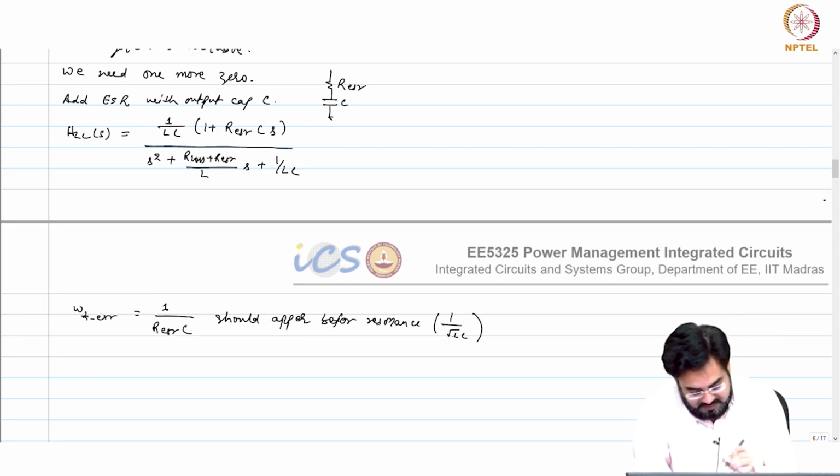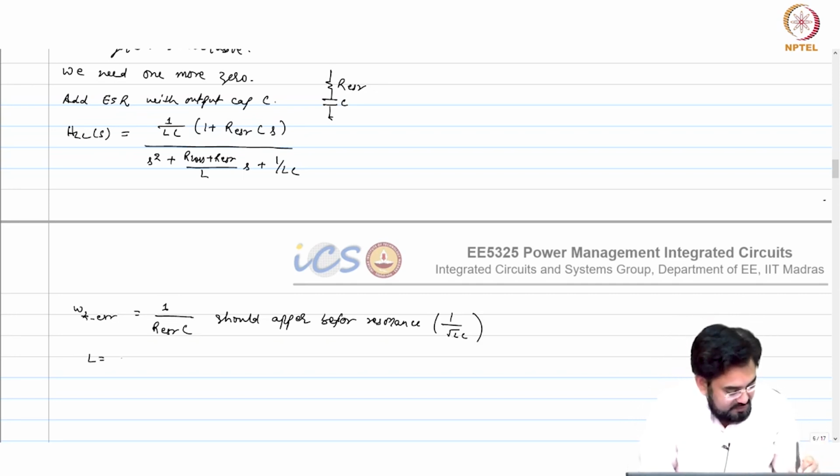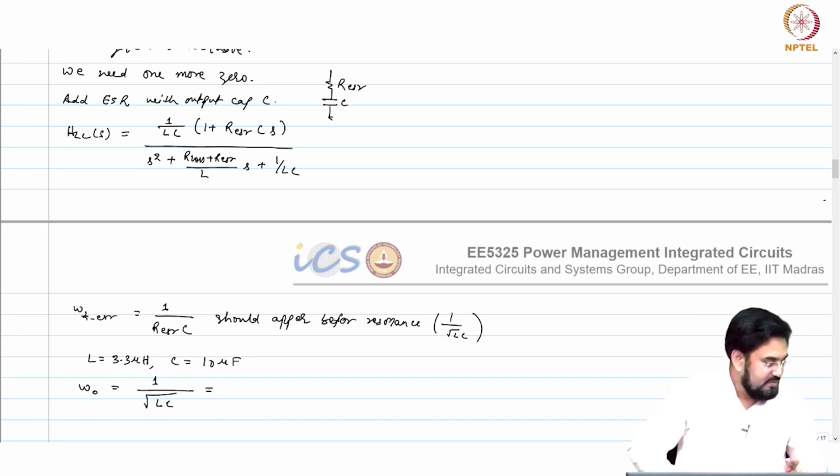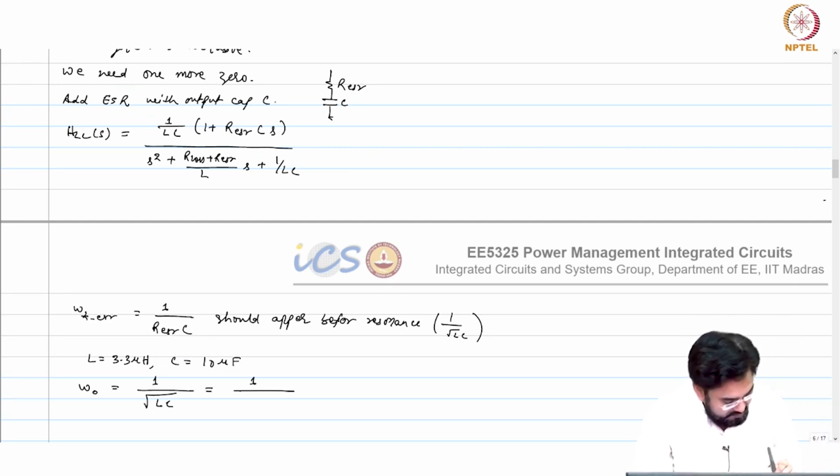Okay. Now let's take the example. L equal to 3.3 microhenry, C equal to 10 microfarad. So what is your omega naught? 1 over square root of 3.3 into 10 into 10 power minus 12.